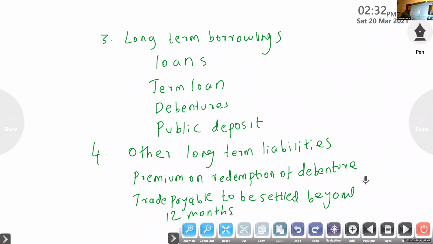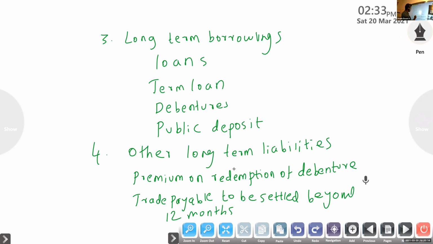So now, I said share capital, all share capital, then calls in arrear, share forfeited account, reserve and surplus, with preliminary expenses and discount on issue of shares as minus items. Then long-term borrowing: loan, debenture, public deposit. Then other long-term liabilities: premium on redemption.